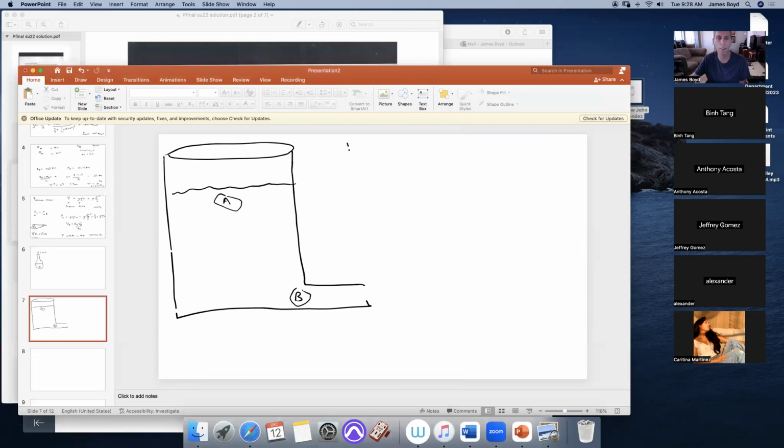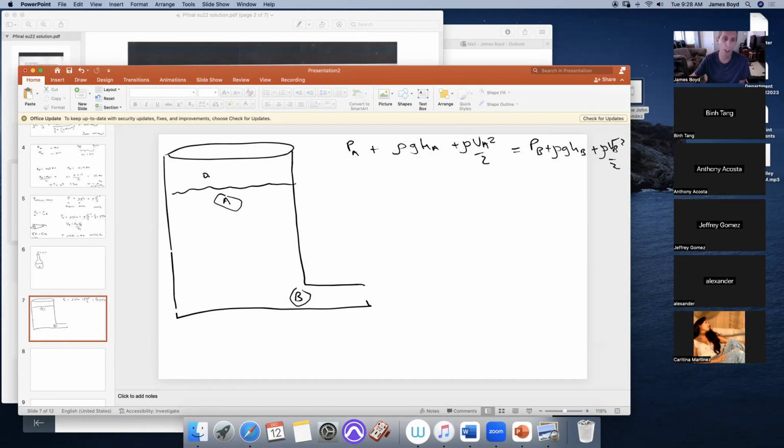What we're going to write is PA plus rho g HA plus rho VA squared over 2 equals PB plus rho g HB plus rho VB squared over 2. That's the first thing you write. That's just Bernoulli's equation.